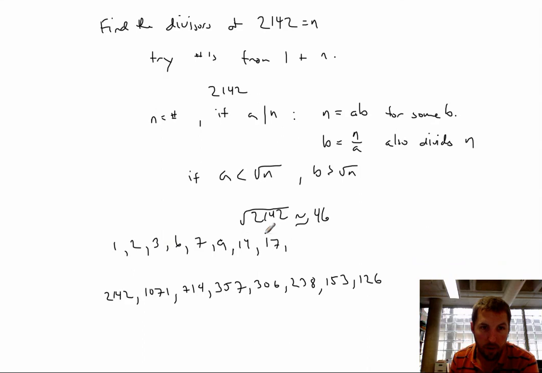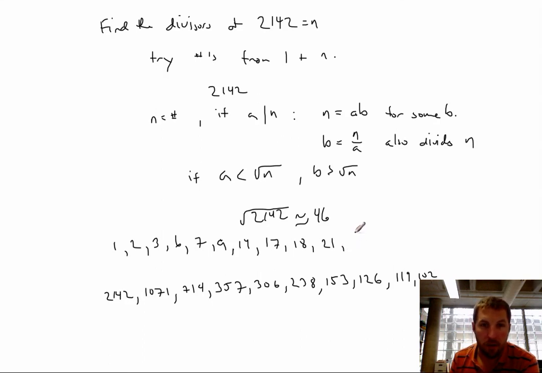Well, 6 and 3 go in, so yes, 18 will go in. And 18's partner is going to be 119. Okay, we're getting there. 19, I'll just tell you, does not. 20 does not. 21, 2 and 3 and 7 do, so 21 does. And 21's partner is 102.